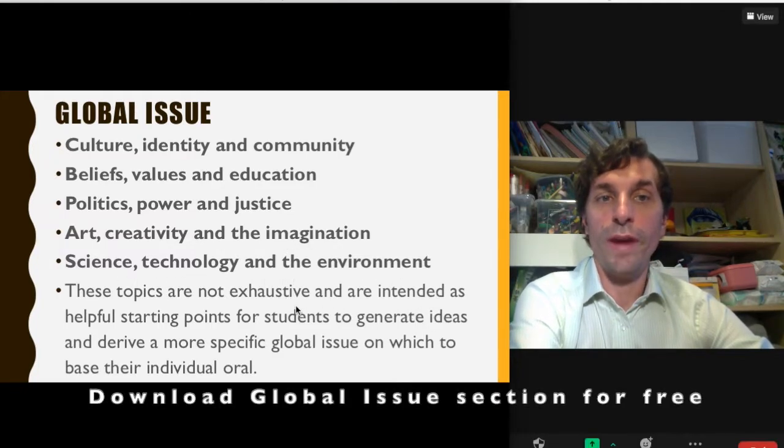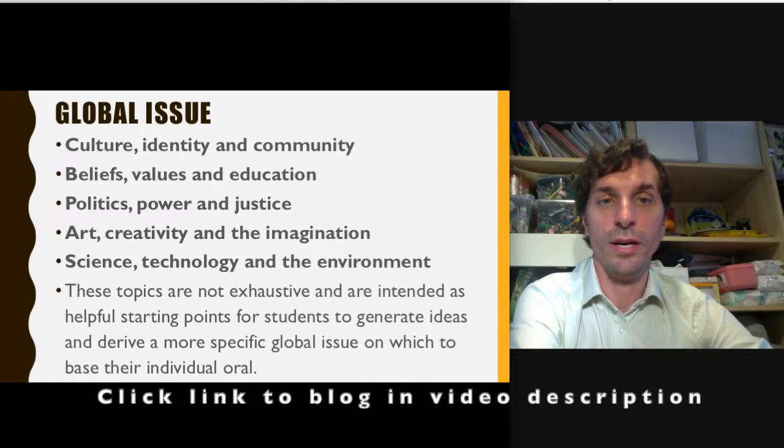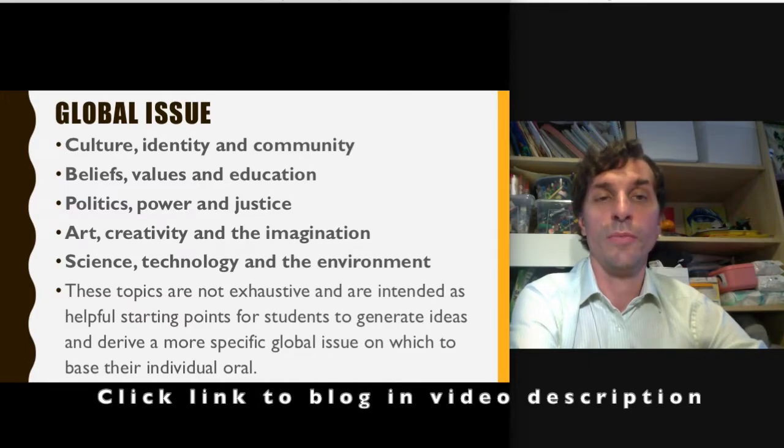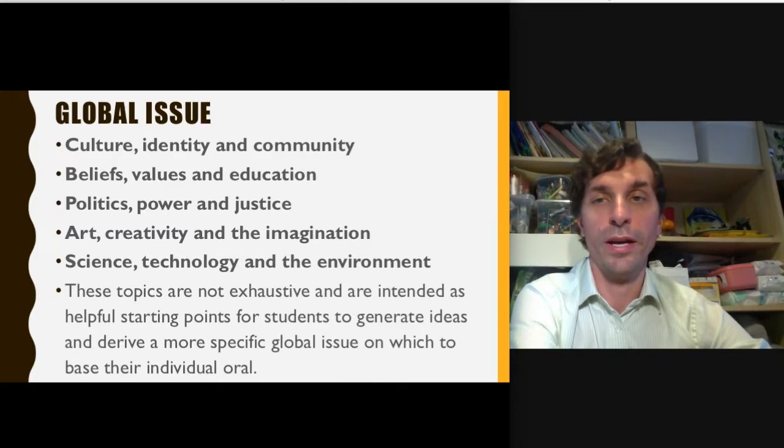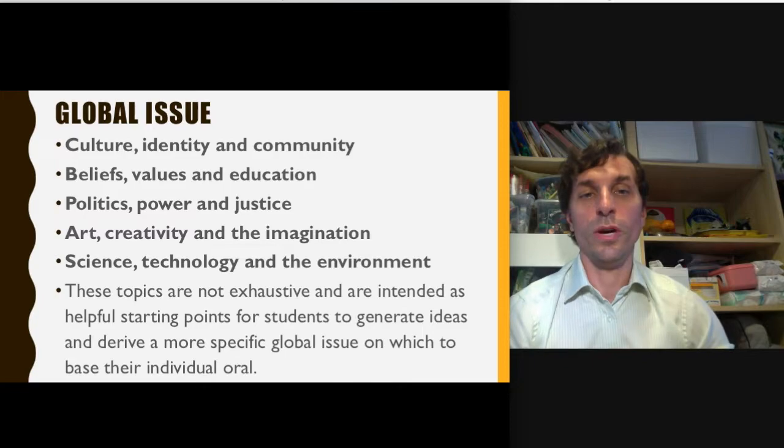These are very broad topics, and they are spelled out in more detail in a section of the Language A Guide that I will put a link to below. But you should be aiming to say something specific and unique that your extracts are conveying about the global issue you've chosen that unites your 2 extracts.